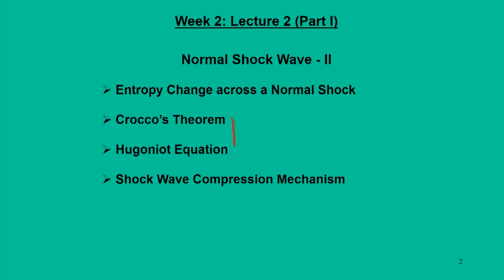These two, Crocco's theorem and the Hugoniot equations, are two fundamental basics to calculate some of the important inferences for a normal shock. Then these two pieces of information give rise to shock wave as a compression mechanism.